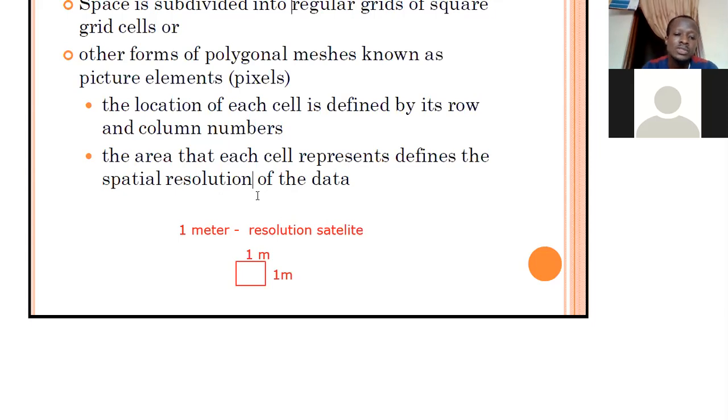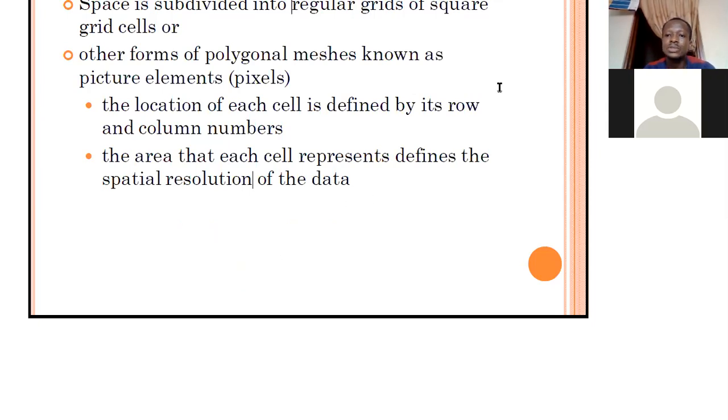So the area that each cell represents defines the spatial resolution of the data. The spatial resolution for our imagery in question is 1 meter. Normally, because we are using squares, we only mention 1 meter resolution satellite imagery. We don't say 1 meter by 2 meter, because we are not using rectangles here.